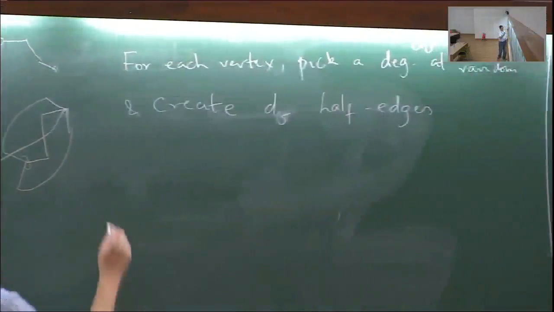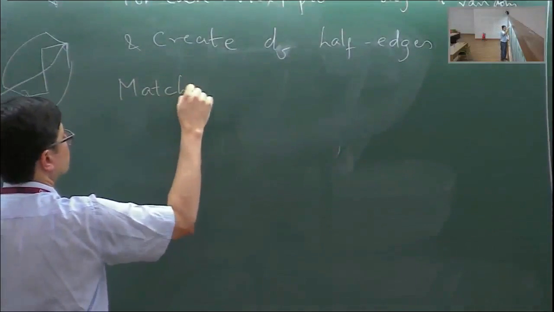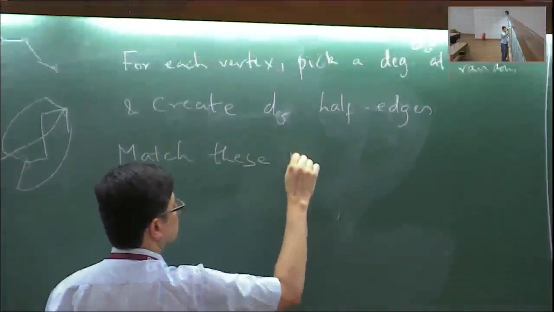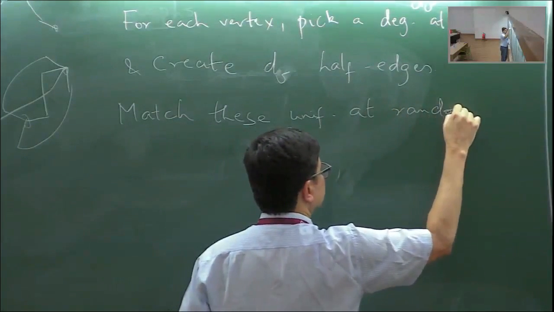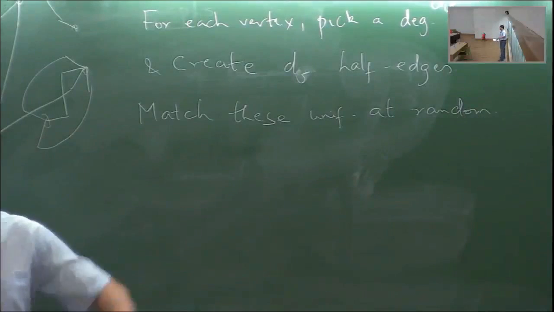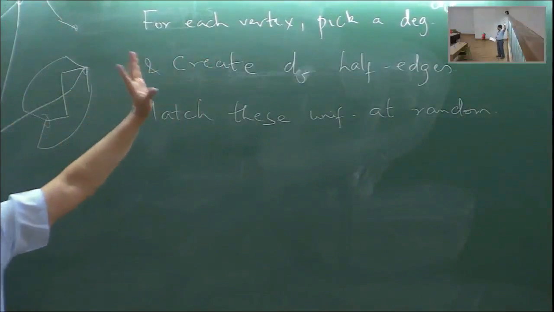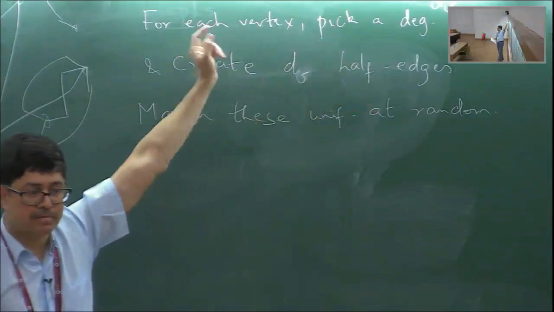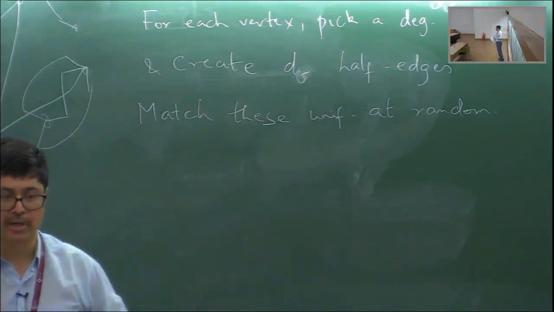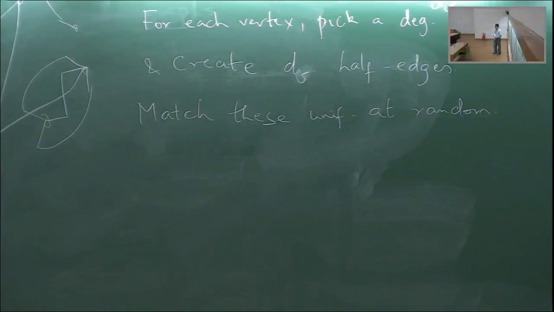And then match these uniformly at random. You can decide to keep this, in which case you may not get a proper graph, or you can decide that if you don't get a proper graph, you throw it away and start again and keep doing it till you get a valid graph. So that's the configuration model. It's one specific model of a random graph with power law degree distribution.